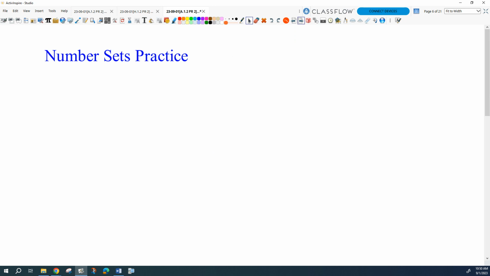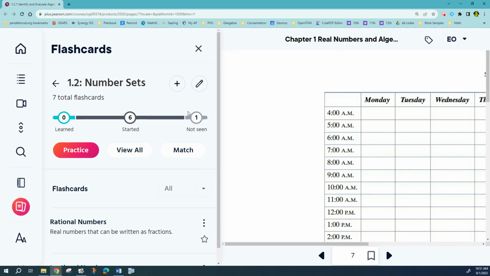Okay, so let's get a little practice. I want to show you the flashcards that I built. I just tried this out, and it worked pretty well.